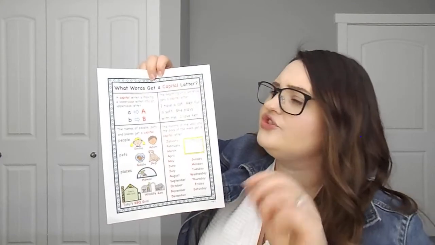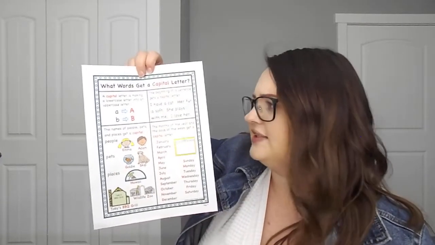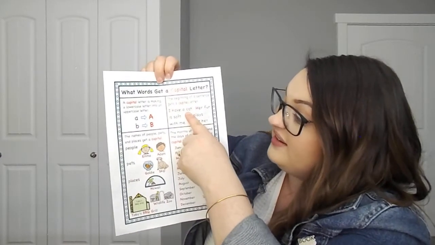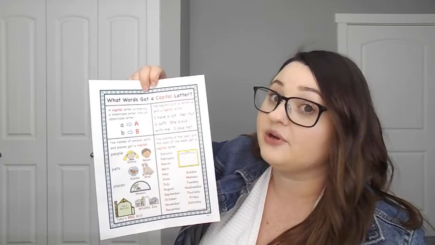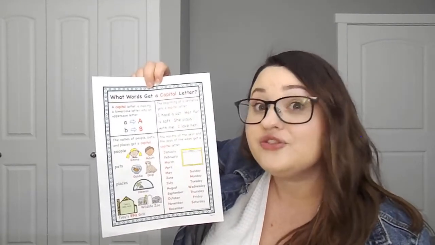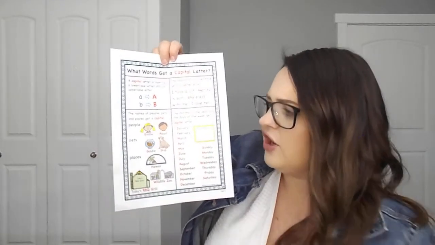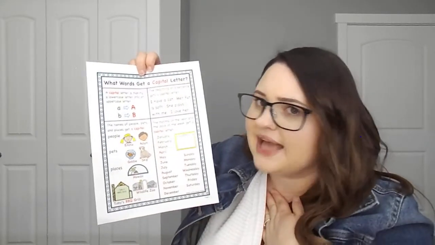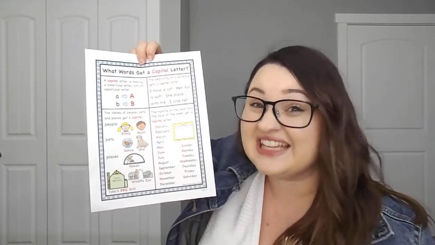So if you just started your writing, the first letter is going to be an uppercase letter. If you have a period, that means the next sentence has to have an uppercase letter because you're starting a new sentence. Some other things that get capital letters are names of people like Mrs. Adkins, Mrs. Kleister, Mrs. Ramirez. We get uppercase letters in our names.